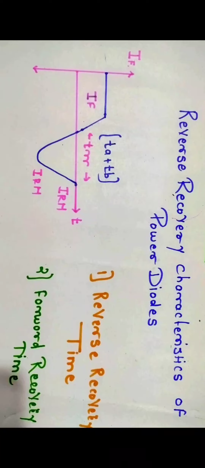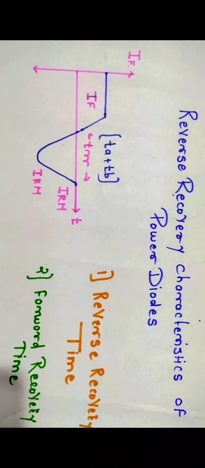Forward recovery time is the time required by a diode to start conduction. In other words, the time taken by the diode to switch from off state to on state is called forward recovery time.